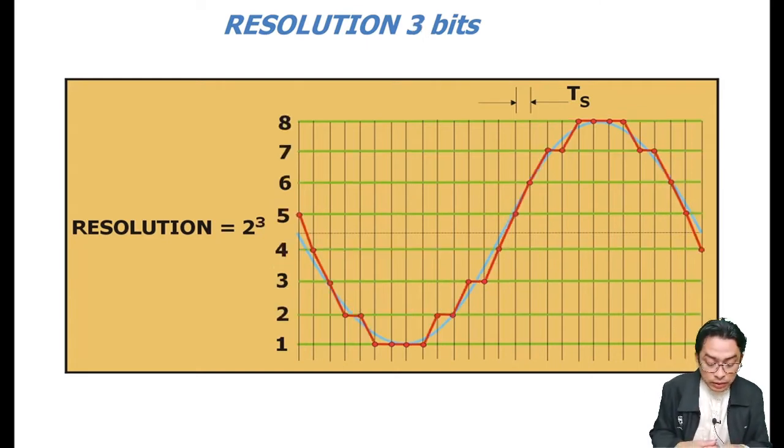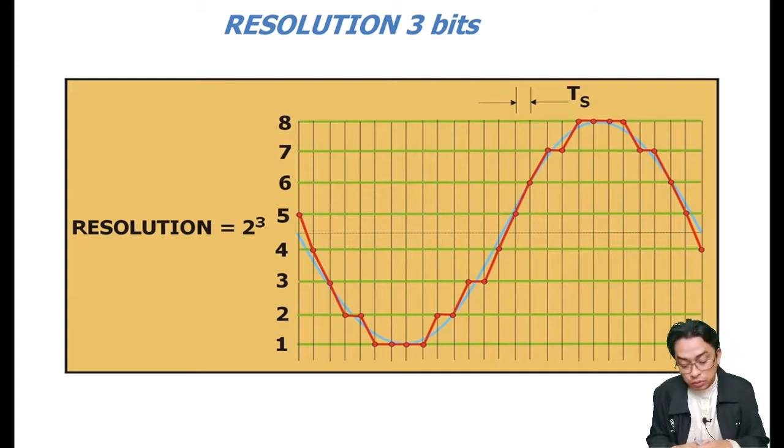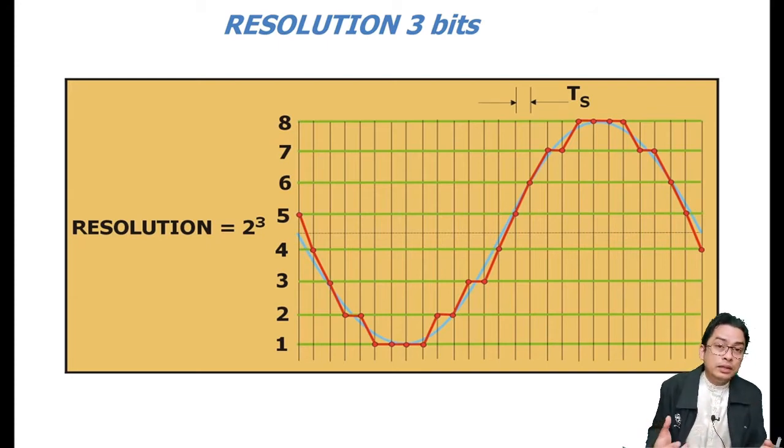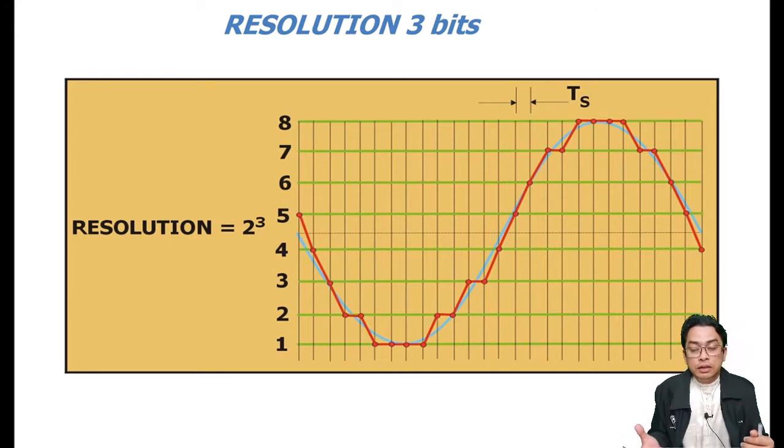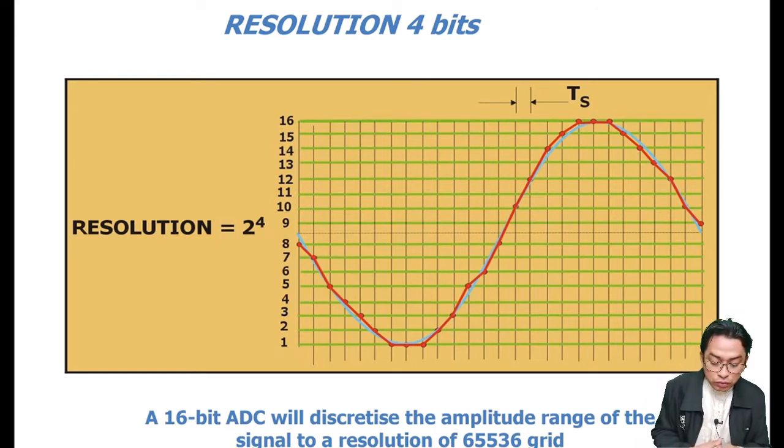Let's say we increase to 3 bits, 2 to the power of 3 is 8, and the signal becomes smoother. For some digital signals, up to this level should be okay, but some users need better than this. So let's say we increase to 4 bits.